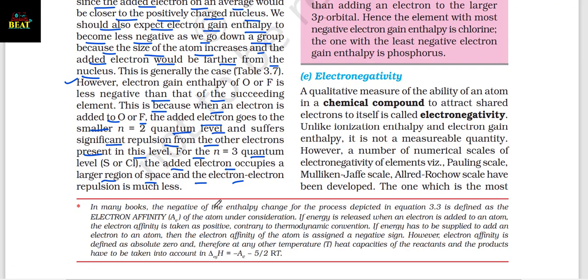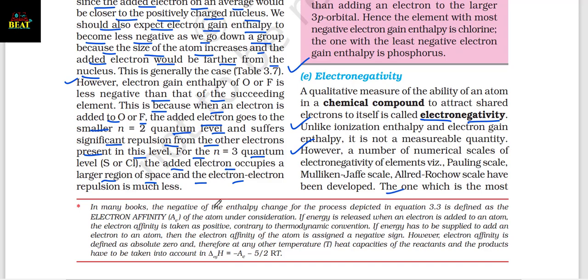E. Electronegativity. A qualitative measure of the ability of an atom in a chemical compound to attract shared electrons to itself is called electronegativity. Unlike ionization enthalpy and electron gain enthalpy, it is not a measurable quantity. However, a number of numerical scales of the electronegativity of elements, viz. Pauling scale, Mulliken-Jaffe scale, Allred-Rochow scale, have been developed.